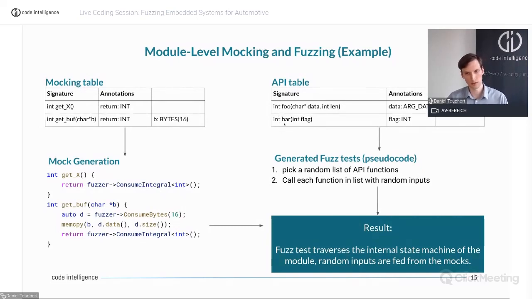And whenever one of these functions is called, it is also called with random parameters. And this will result in a fuzz test that covers all the functions in a random order. Our fuzzer by itself finds which combinations of functions are good and which are not good. And at the same time, we also simulate all the external inputs that our program depends on.